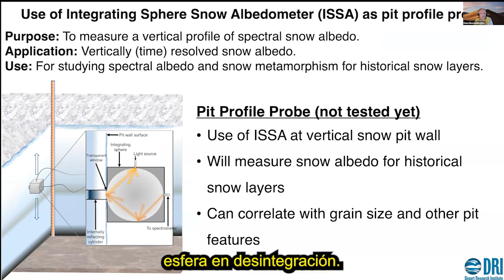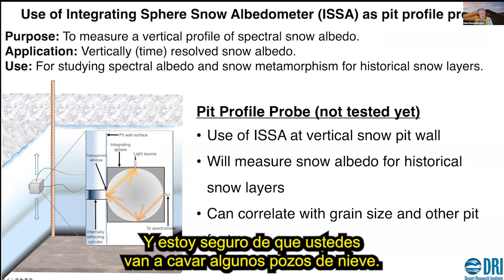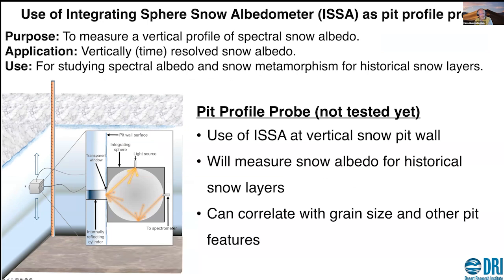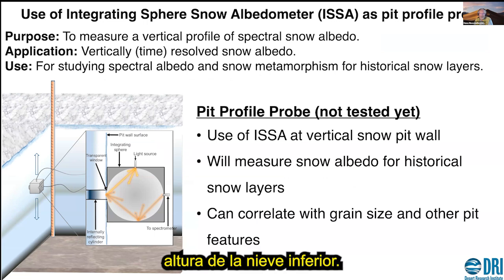This integrating sphere you could also use to profile the snow albedo on a snow pit wall, and I'm sure you guys are gonna dig some snow pits. And so if you have a darker layer, you will suddenly, at that height, have a lower snow albedo.